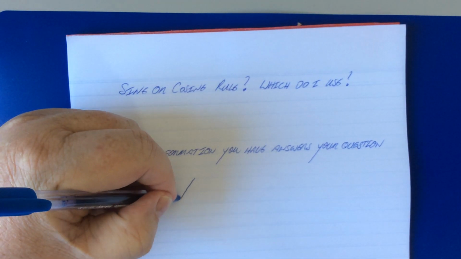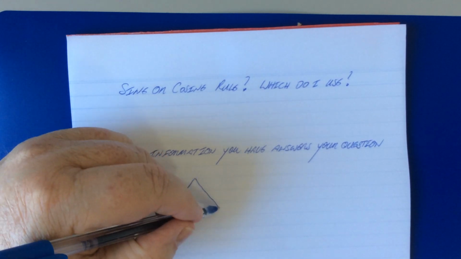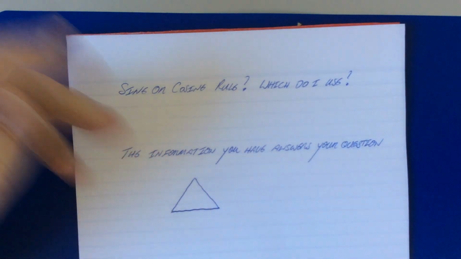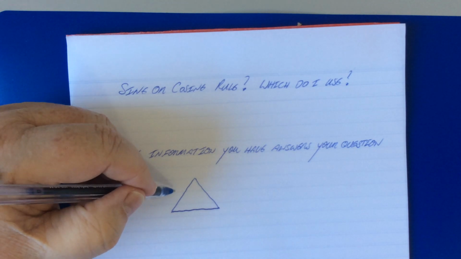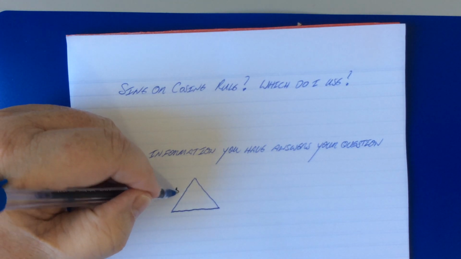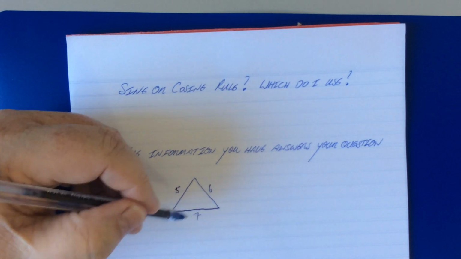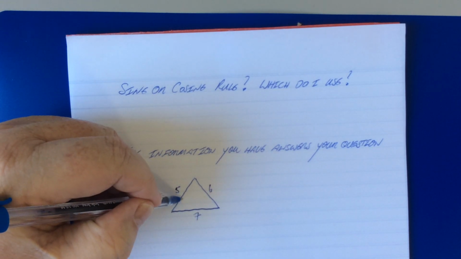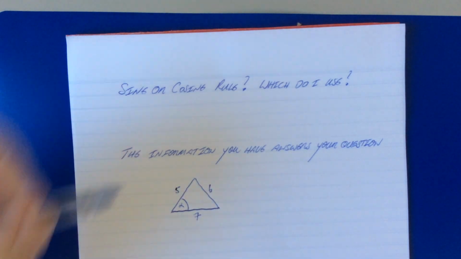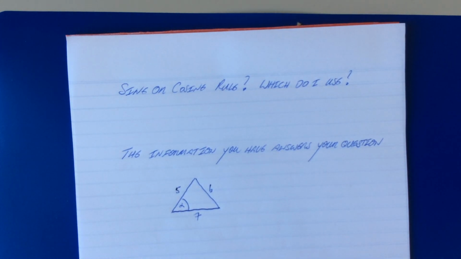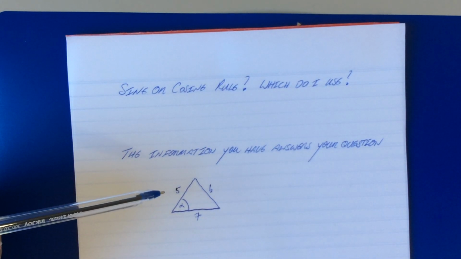Let's say that we had a non-right angle triangle drawn like that, and we had the various sides. Let's just say that they are that, and we wanted to know this angle here. Well, that's a job for the cosine rule.